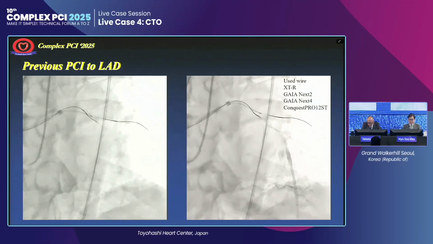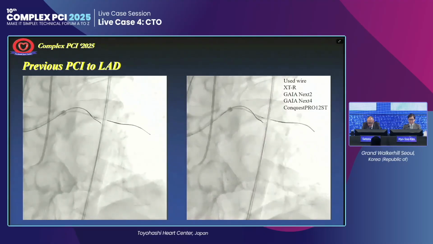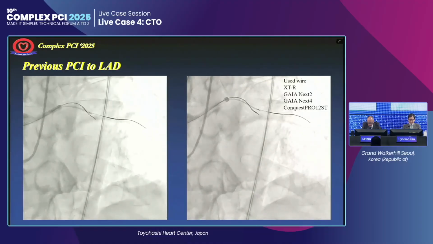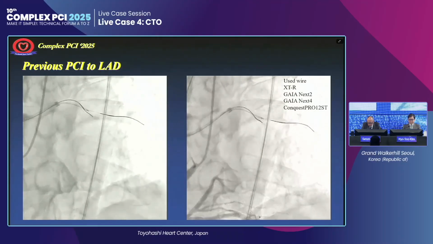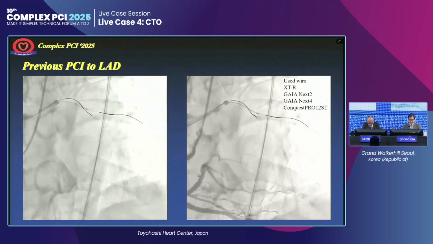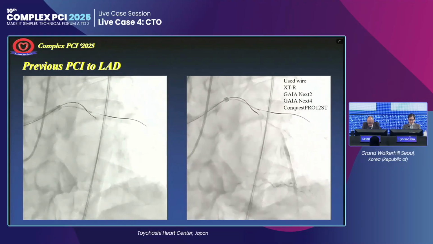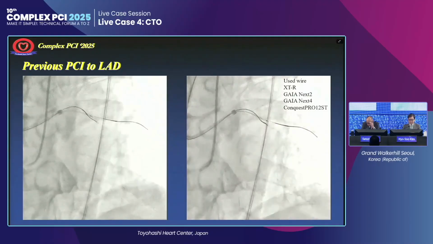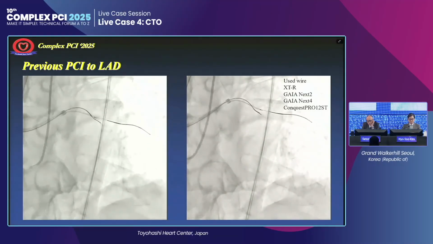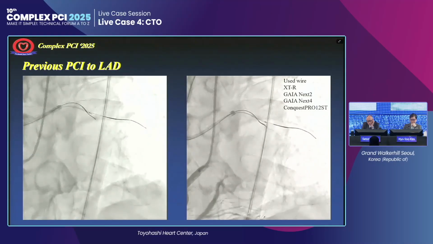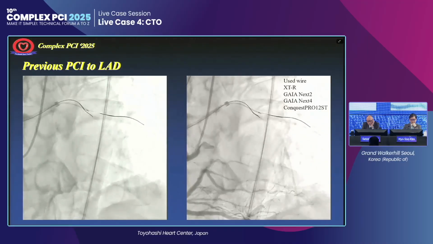So we performed IVUS-guided puncture with Gaia Next 2, and this is during the procedure. The guide wire is very close to the distal end. However, there is a slightly different course, and we can see some collateral on the right side of the calcified plaque, beside the guide wire tip.